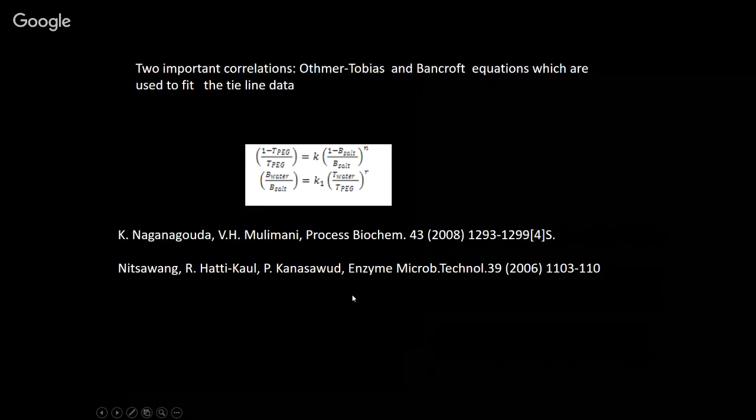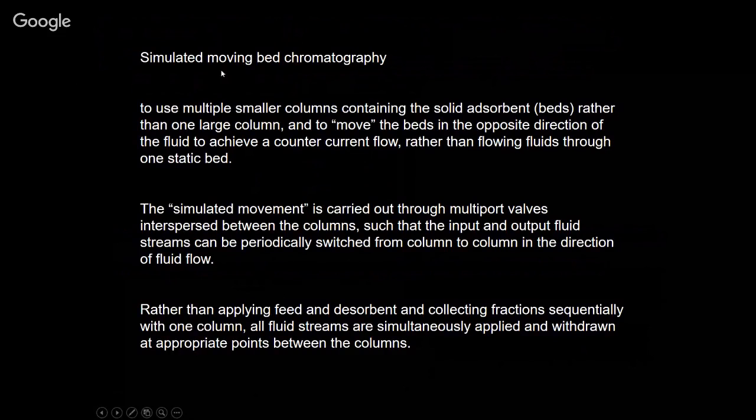Another interesting newer technique that's slowly coming in over the past 15 years, I would call simulated moving bed chromatography. There are a lot of disadvantages of current chromatography, and this simulated moving bed chromatography is trying to overcome those problems. It basically uses multiple smaller columns containing solid adsorbent rather than one large column.